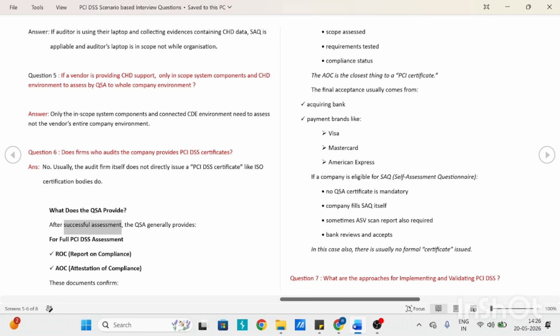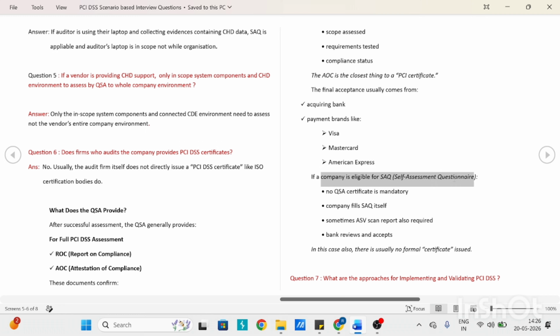After successful assessment, the QSA generally provides full assessment reports. What are the reports? We have the ROC report, we have AOC reports. These documents confirm that scope is assessed, requirements tested and compliance status. So the AOC is the closest thing to a PCI DSS certificate. The final acceptance usually comes from the acquiring bank and payment brands like Visa, Master, American Express.